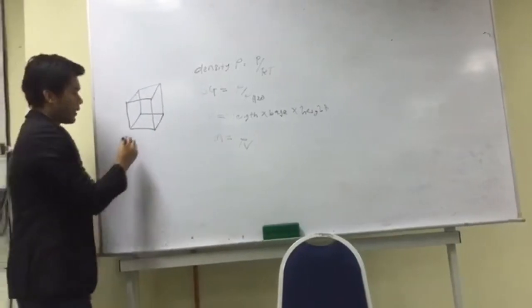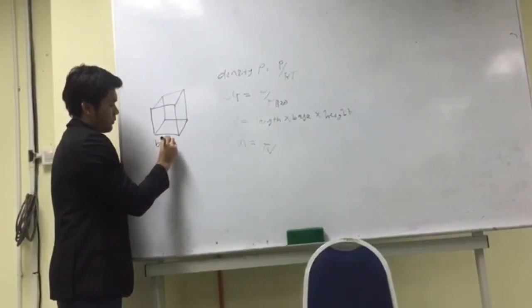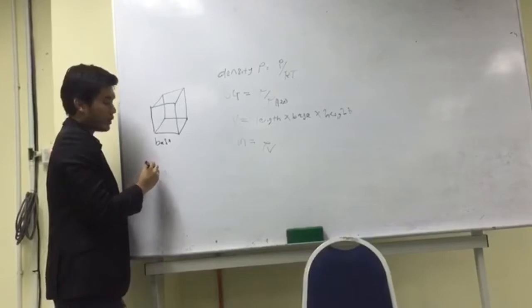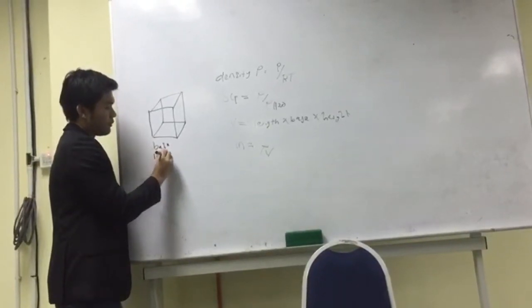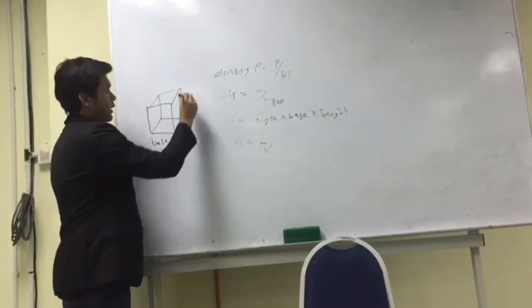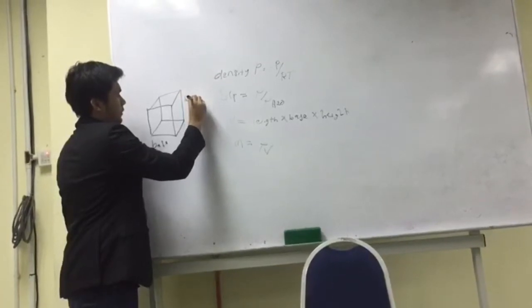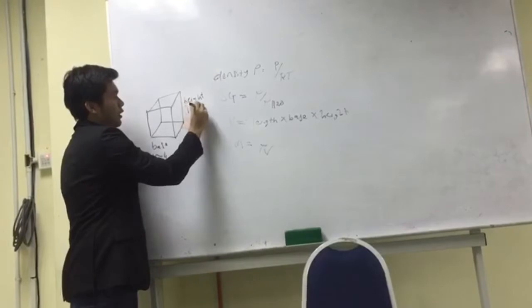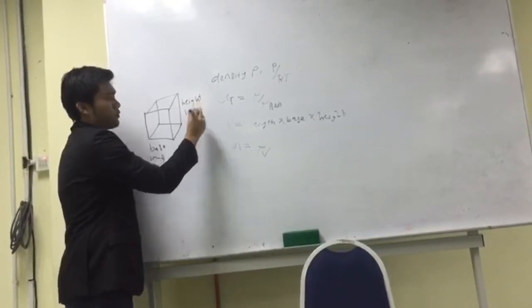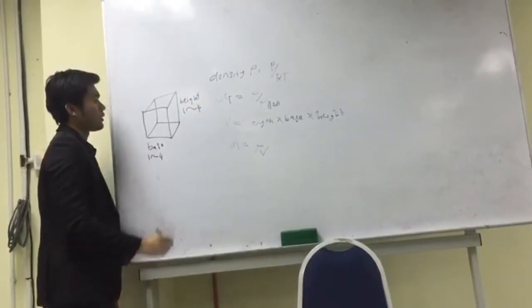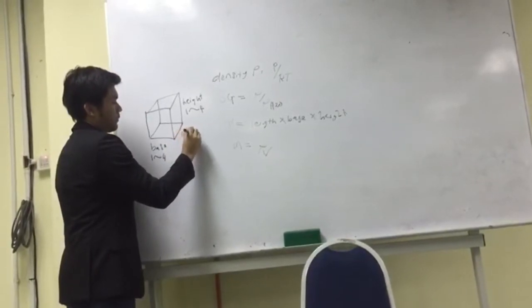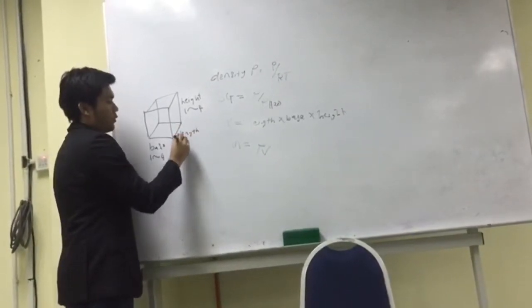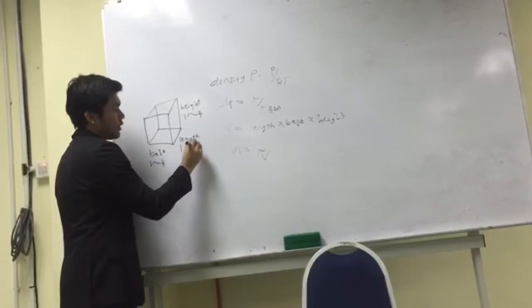This one is the base, and we create a limitation between 1 and 4. This one is the height, and we also create a limitation between 1 and 4. And the last one is length, and we create a limitation between 1 and 4.